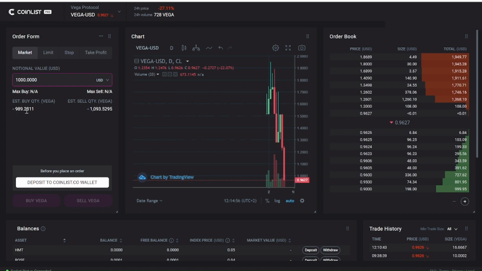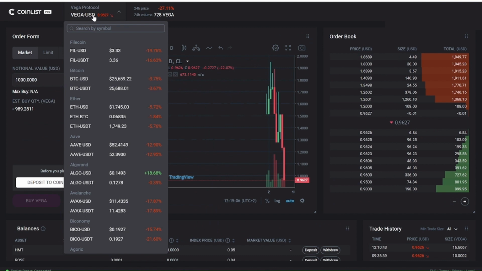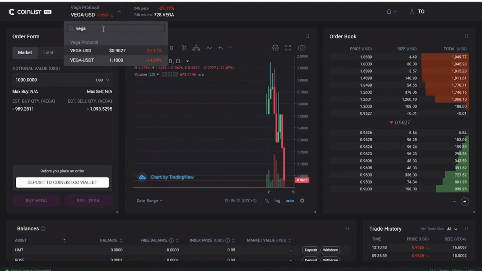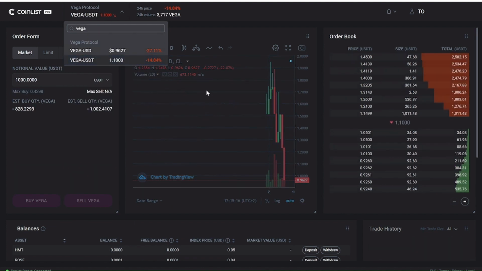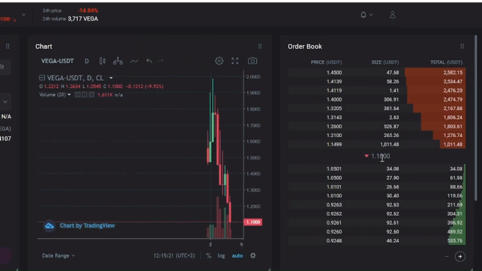So you see this price right now is 0.9627. On the other hand, this is the pair you will be selling this Vega token on, on the same exchange. Over here, this is the USDT pair. And if I navigate to this level over here, you see, it's trading at 1.000.